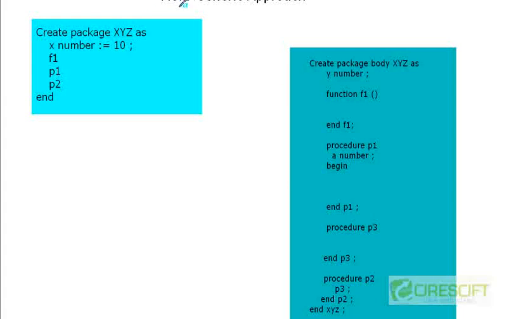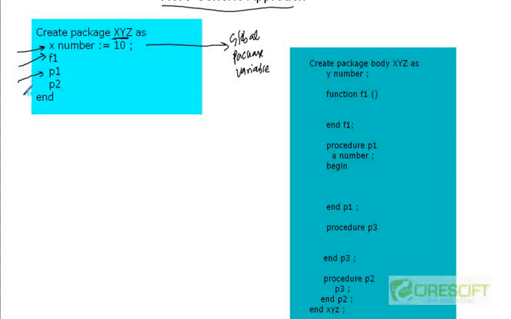So this is what a more generic package is going to look like. I have a package named xyz. I have a variable x, a number, which is assigned 10. This is called a global package variable. And then I have a function f1 and procedures p1, p2.